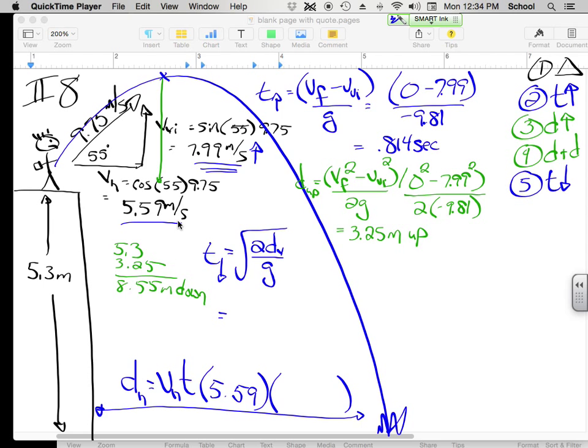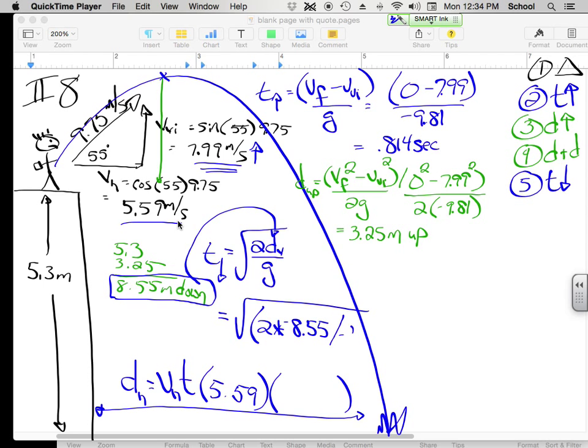So the whole reason I did step 4 was to find this, so I can stick this in there. We're going to have the square root of 2 times the 8.55, which, since it's falling down and that's a displacement, needs to be negative. So we can divide by negative 9.81 and not freak out our calculator when we take a radical.